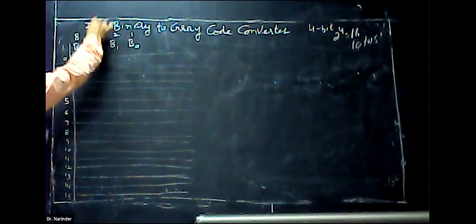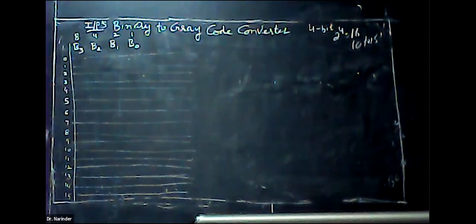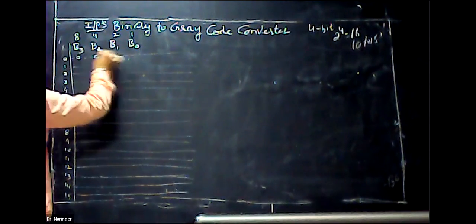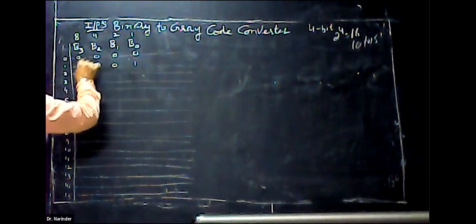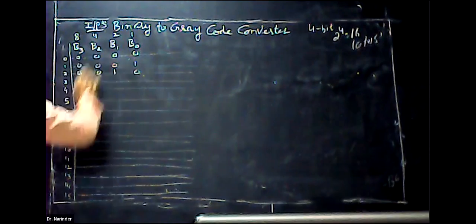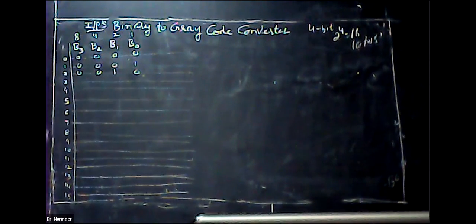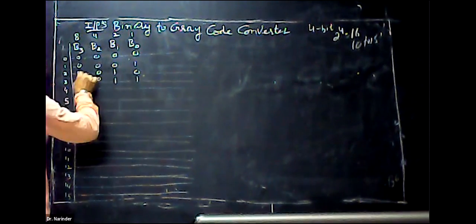This is your input. For 0, all would be 0. 1 under 1, you write 1, rest will be 0. 2 under 2, you write 1, rest 0. 3 is a combination of 2 plus 1, so under 2 and 1 you write 1, rest is 0.